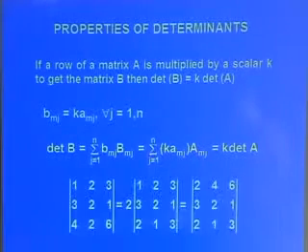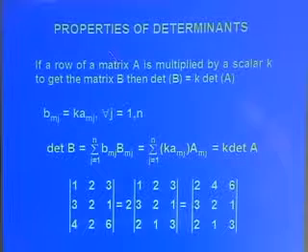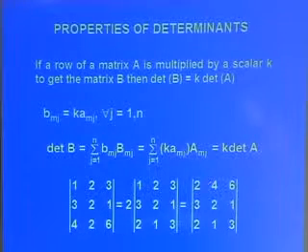Now k can be taken outside, so what remains is amj into Amj, and that is the determinant A. So determinant B is k times determinant A. So the result is proved, and we illustrate this result by this example where we are having a matrix 1 2 3, 3 2 1, 4 2 6, a 3 by 3 matrix. Now this particular row is 2 times this particular row. So if I take 2 outside, then this row becomes 2 1 3, and this is the same as 2.